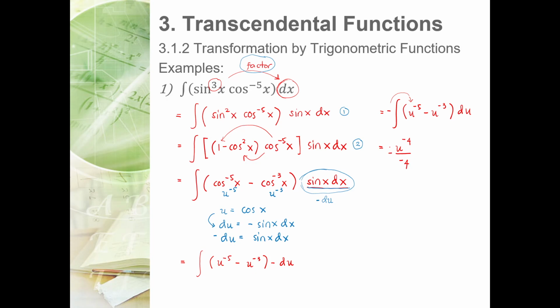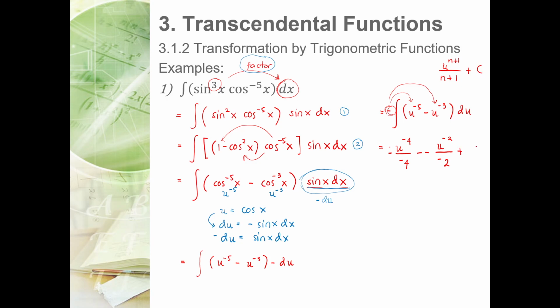Then don't forget the negative sign coming from the previous line in the solution. Next is the next term, that will be minus, and then minus again because of the negative sign, u to the negative 2 all over negative 2. The formula is u to the n plus 1 all over n plus 1, plus c.